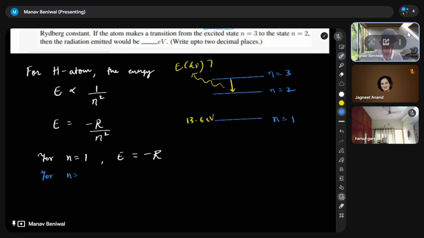For n equals 2, our energy will be minus R over 4, and for n equals 3, our energy will be minus R over 9.